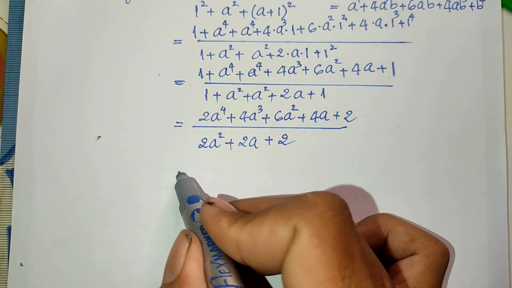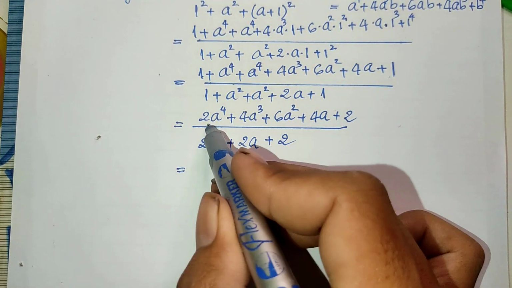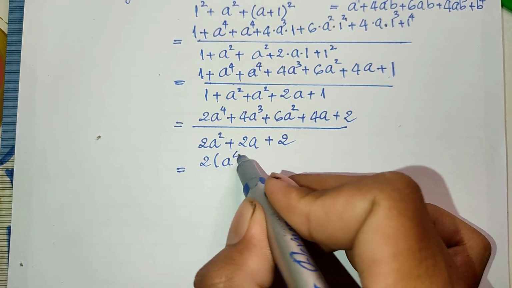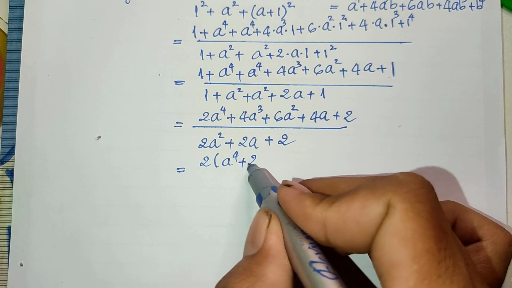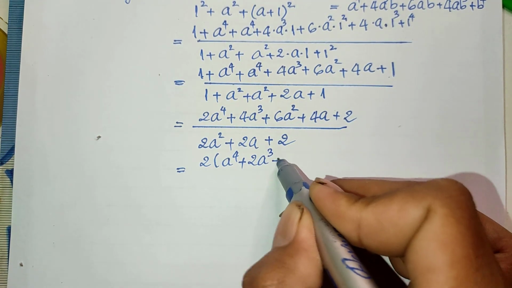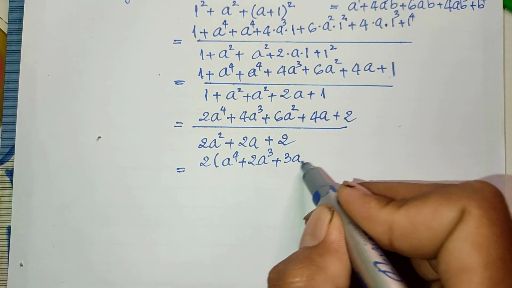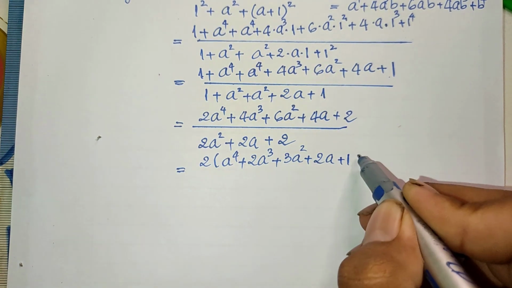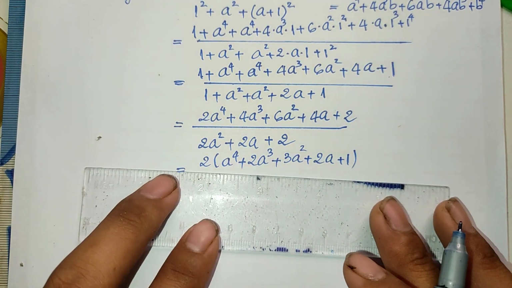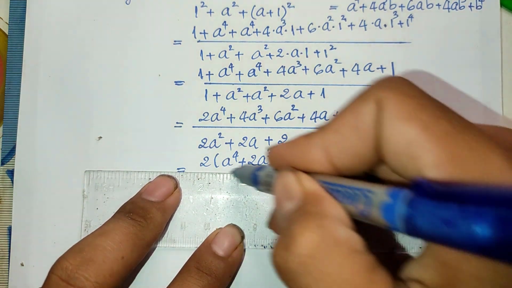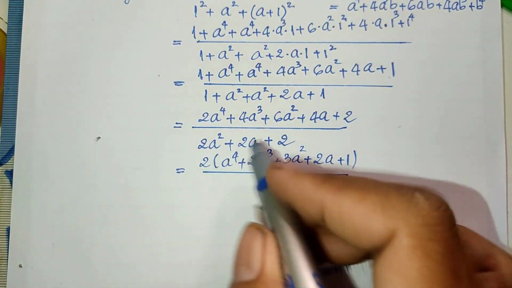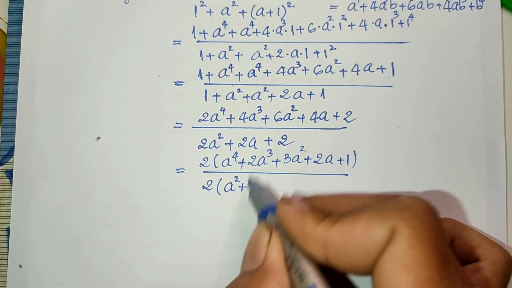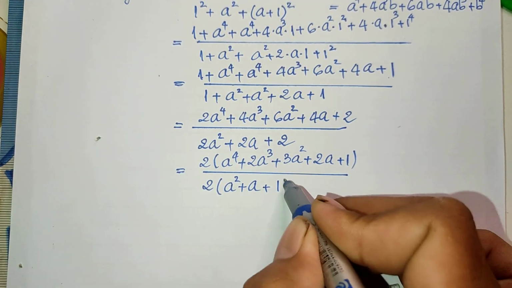And now this is equal to, we take 2 out as a common factor, we get a power 4 plus 2a power 3 plus 3a squared plus 2a plus 1. And this is divided by, we take 2 out as a common factor, and we get a squared plus a plus 1.